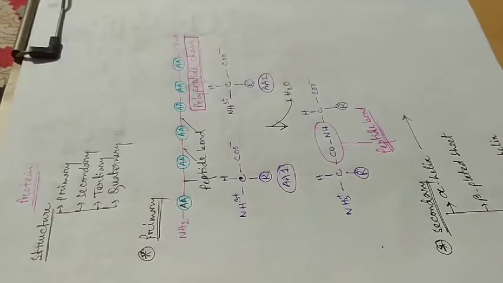The helix is stabilized by hydrogen bonds between the oxygen and the carboxylic group of the amino acids.